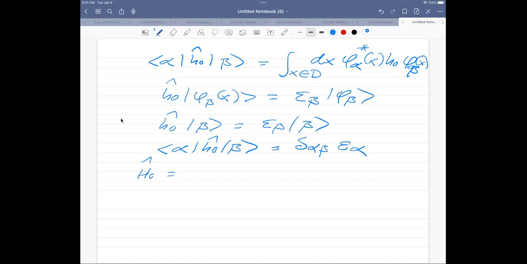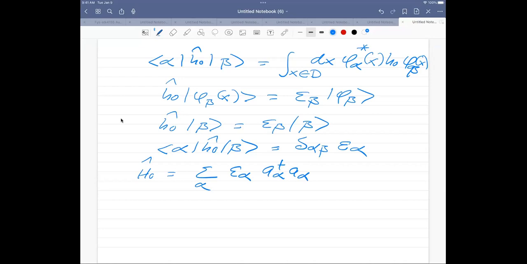So we get a sum over alpha, and these are all the possible states which the system can access. And I would have an epsilon alpha multiplied with A alpha dagger, A alpha. So it looks almost like the number operator.